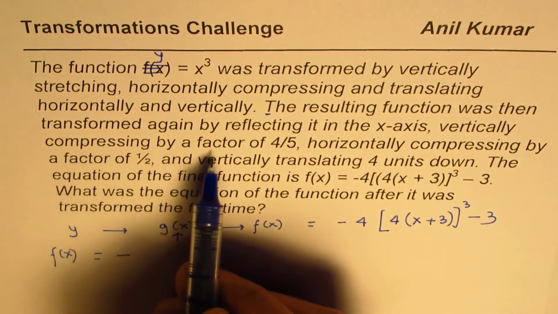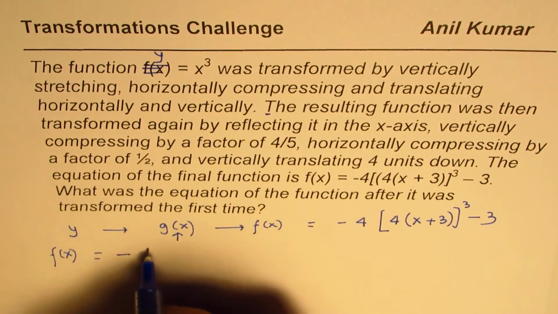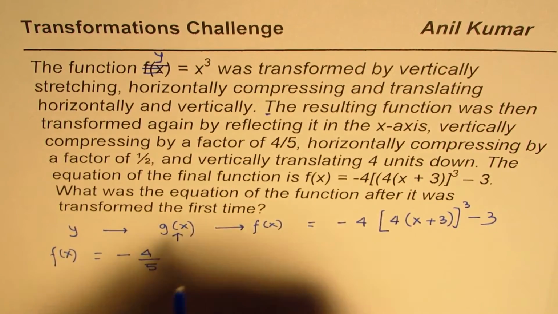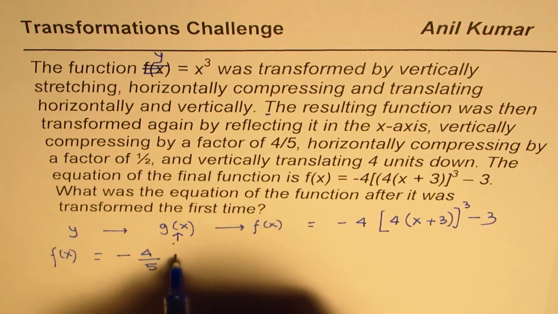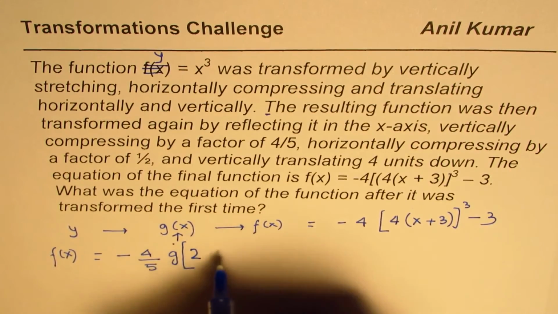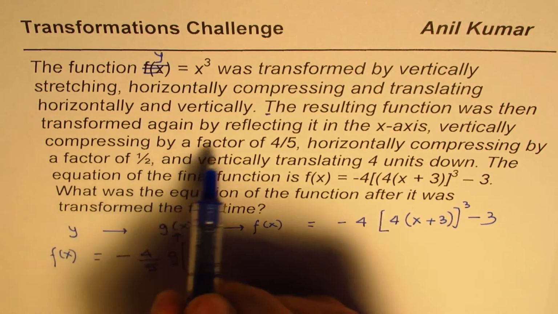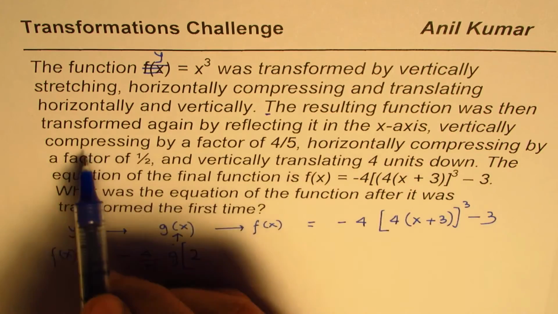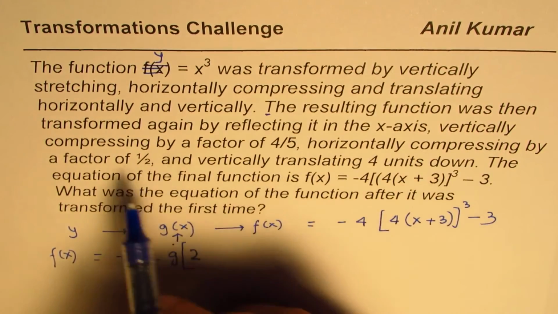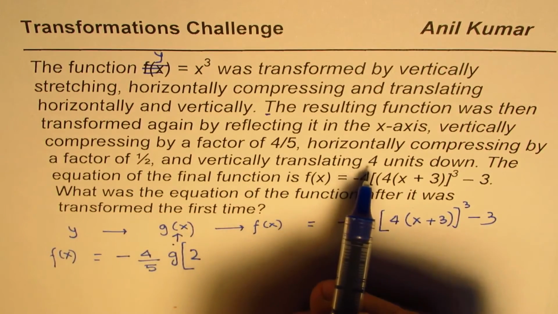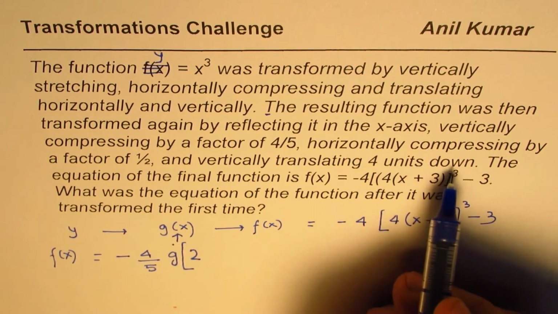Vertically compressing by a factor of 4 over 5, that means multiply by 4 over 5. Horizontally compressing by a factor of half, so this g of x, half means it goes 2x. Vertically compressing by a factor of 4 over 5, horizontally compressing by a factor of half, and vertically translating 4 units down.